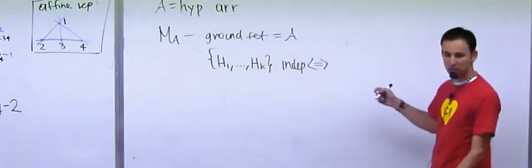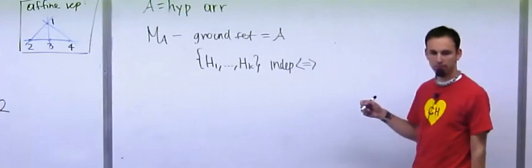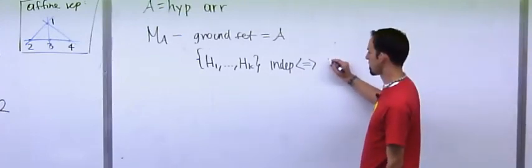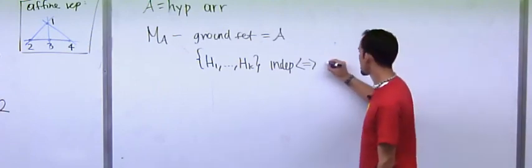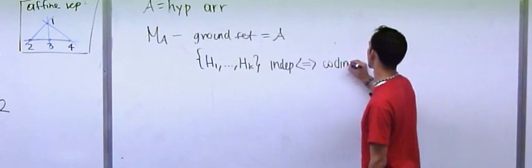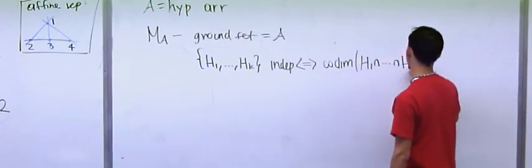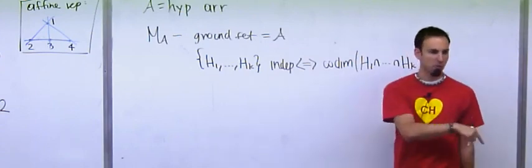Do you remember what we said? What's the definition of independence? We said it in 2 ways. So one way is that we talked about codimensions. So we said if you intersect k hyperplanes, then each one should drop your codimension by 1.